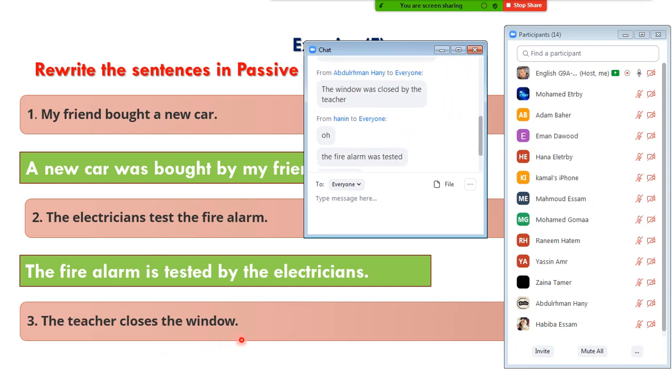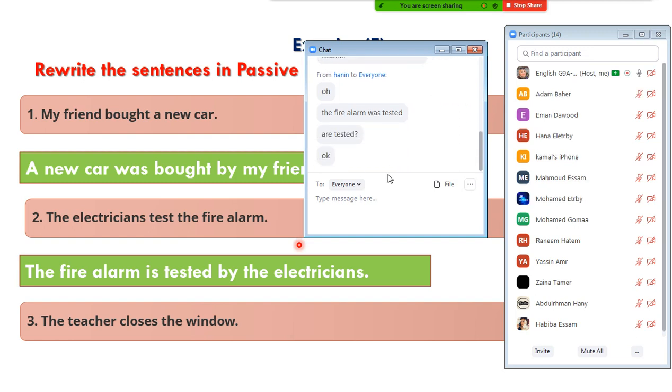Abdurrahman, your answer, I think you wrote it here. Okay, the teacher closes the window. It's in the present. The window, again, this is the same mistake. It's in the present. We can't put the verb to be in the past. So what is it supposed to be? Take care of the verb to be, please. This is the core. Verb to be, verb to be. It's the same mistake Haneen made. Verb to be should follow the same tense.